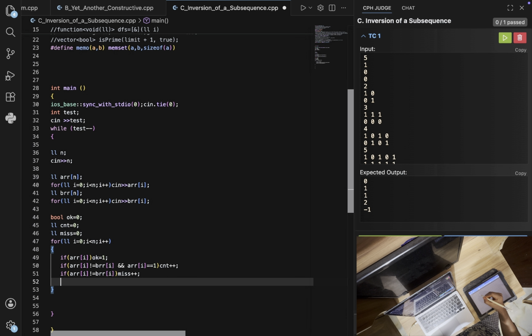Okay, there are several conditions. At first, there has to be at least one 1 to do some operation, otherwise it's impossible.